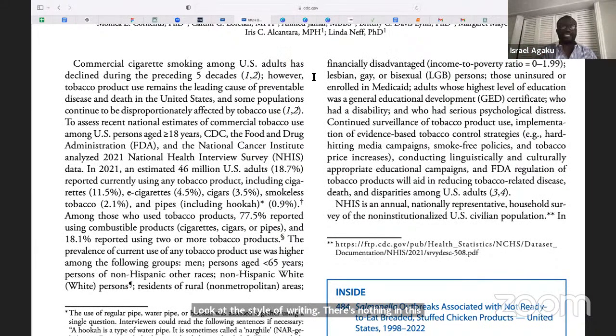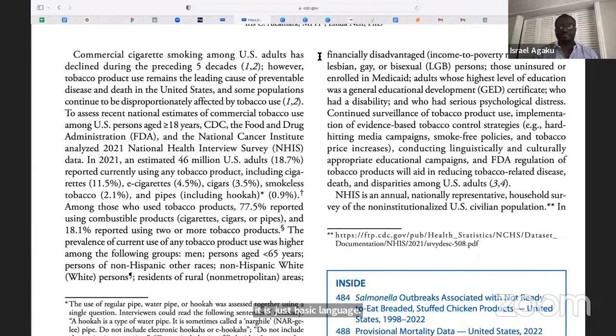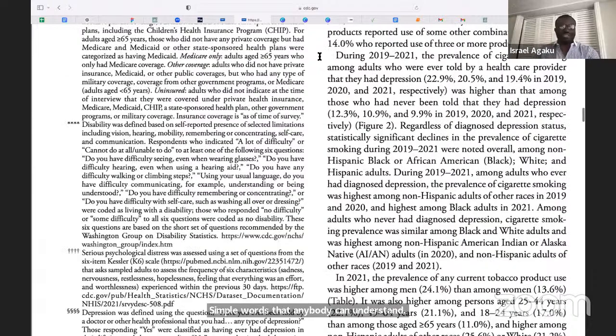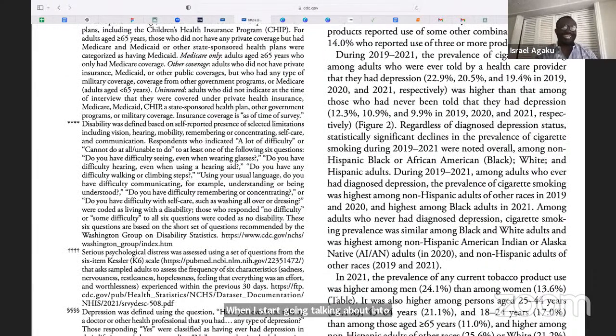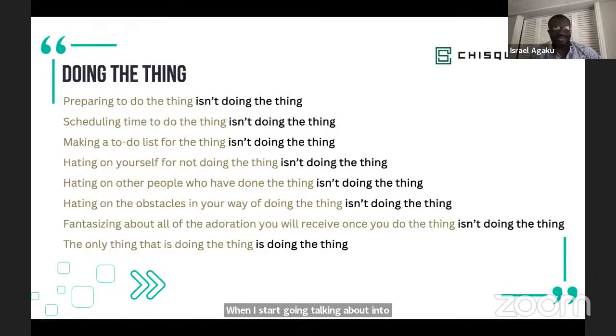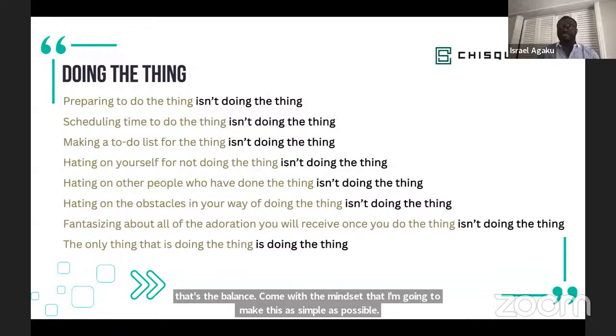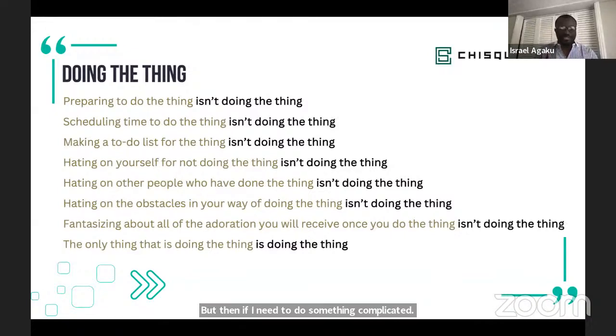It is just basic language. It's simple words that anybody can understand. When you start going into the world of jargon, something is seriously wrong. So that's the balance. Come with the mindset that I'm going to make this as simple as possible. But if I need to do something complicated, I would, of course, have to do it. But the default should be that I want to do something simple.